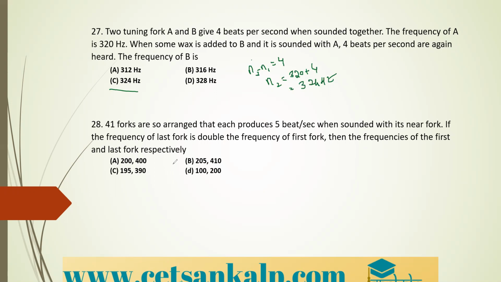Next question. 41 forks are so arranged that each produces 5 beats per second when sounded with its near fork. If the frequency of the last fork is double the frequency of the first fork, then what are the frequencies of the first and last fork respectively?